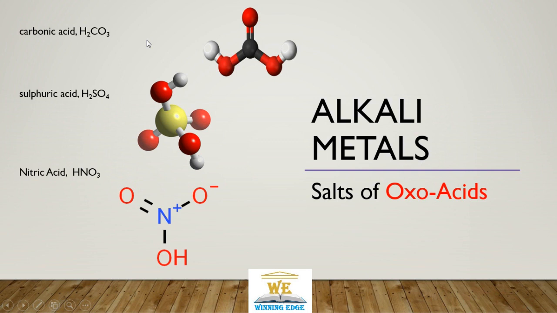Important property why we call them oxo acids is because of presence of OH group, and this OH group ionizes to give us proton to make a solution acidic. Here again OH, OH. This is dibasic, and this is unibasic acid.